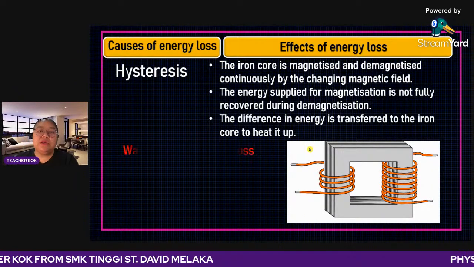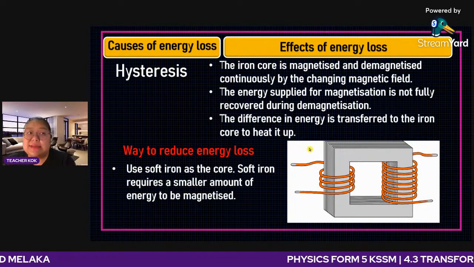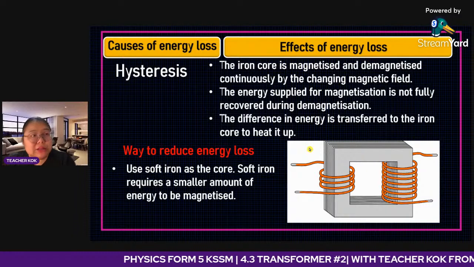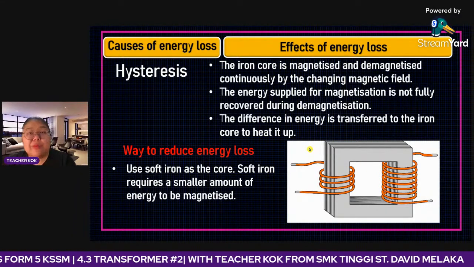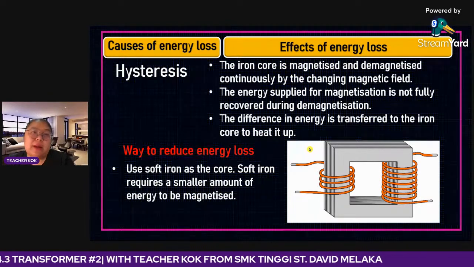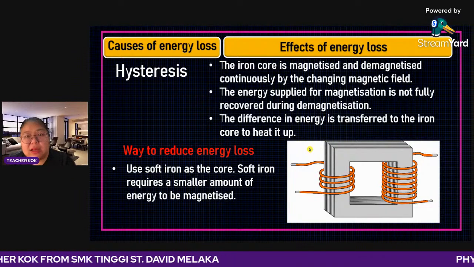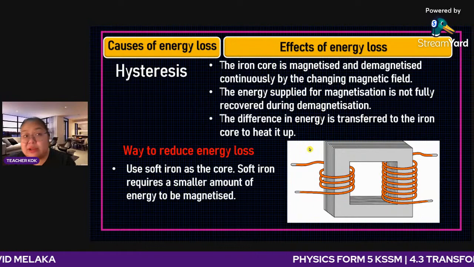So how do we make it better when they magnetize and demagnetize? We use soft iron core. Remember, don't use steel. Steel, although a good conductor, when it becomes a temporary magnet, will always become a permanent magnet. That means it is very hard to demagnetize. So we want the temporary magnet for this situation, you want to change the flux.